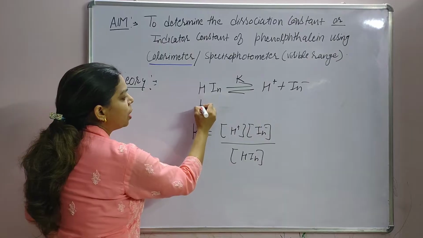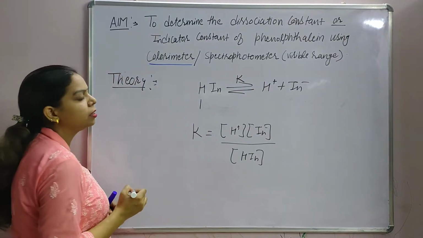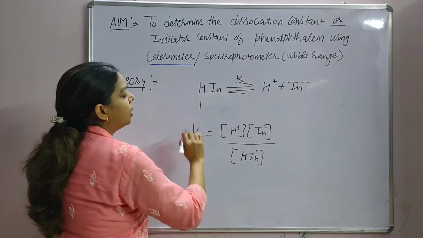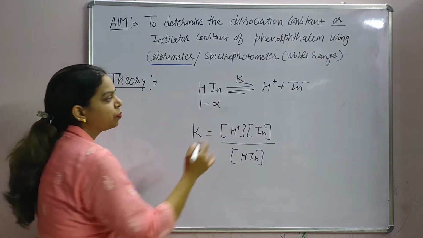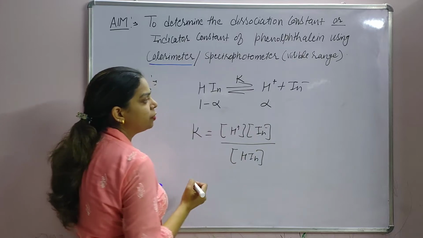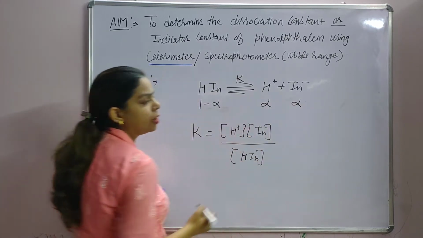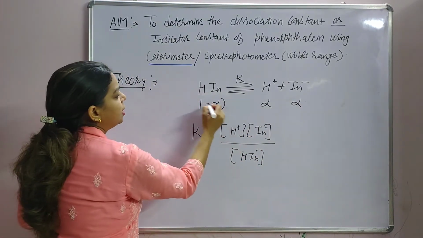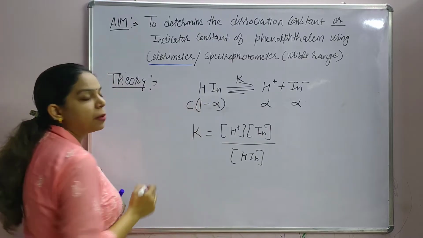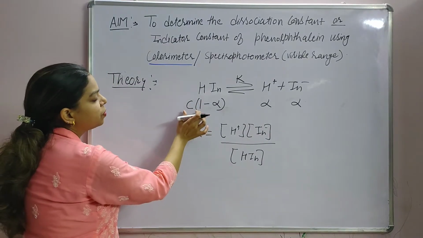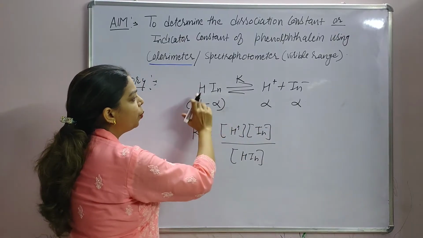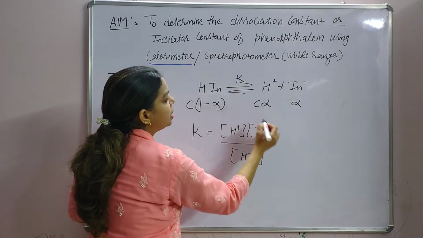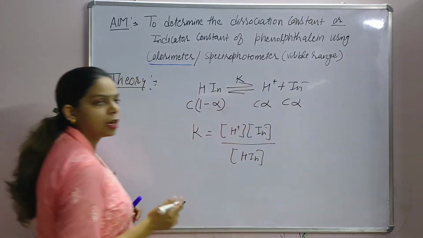If there is 1 mole of this indicator in the solution, out of which alpha dissociates, then alpha moles of H positive ions will be formed. If I say the concentration of the indicator is C, then when it dissociates, it will give C alpha and C alpha.